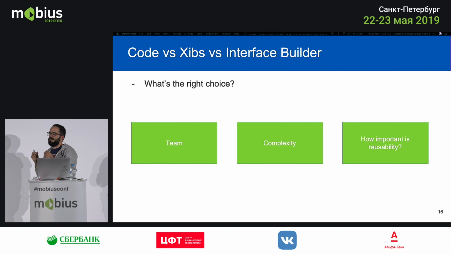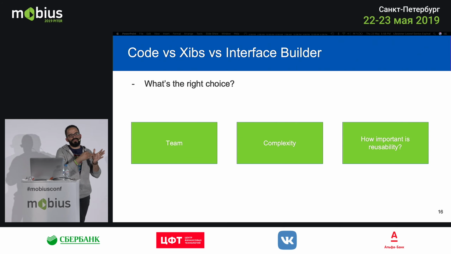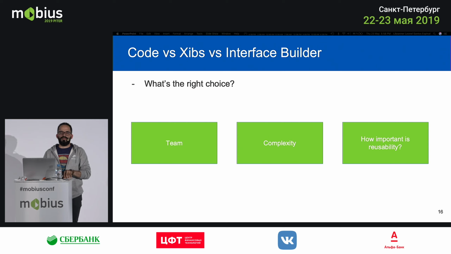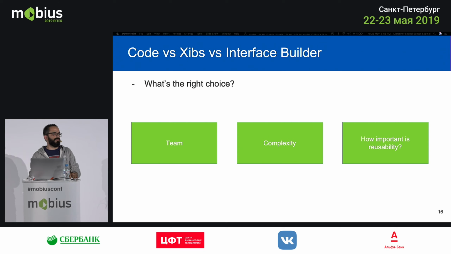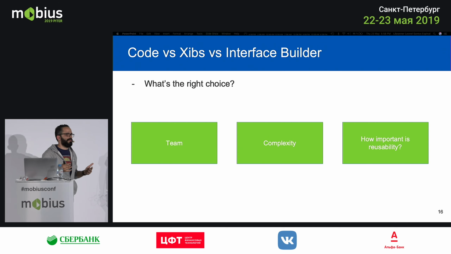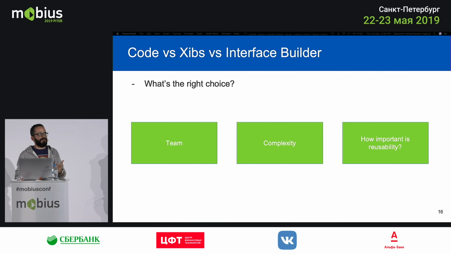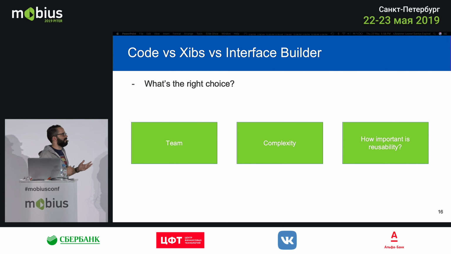For example, if you want to center a view inside another, you have to always write all the constraints, centerX, centerY, unless you use something like SnapKit that we will mention in a moment. And that can be a little tedious. But you have to first talk this over with your team and see what is the best option.